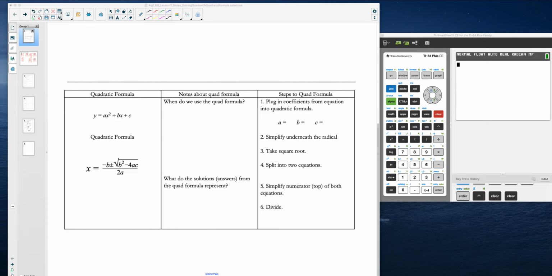Feel it in your heart. X is equal to negative b plus or minus the square root of b squared minus 4ac all over 2a.